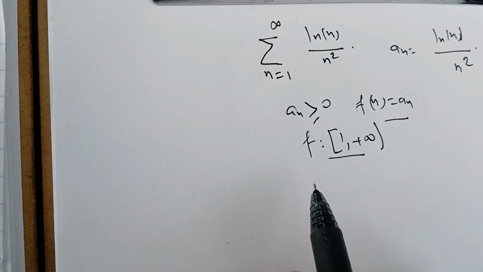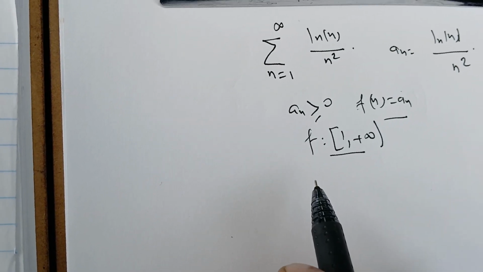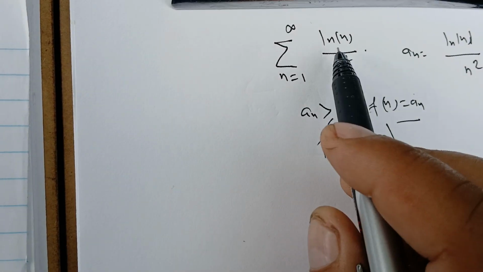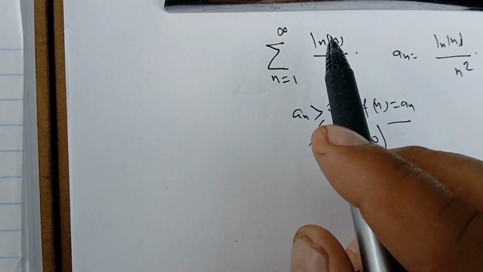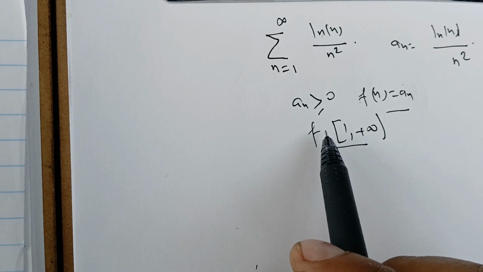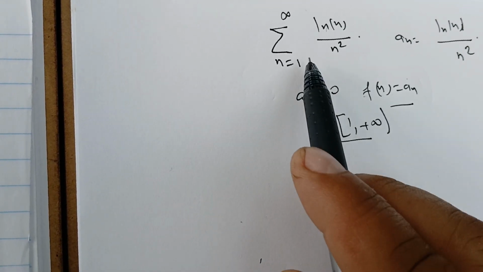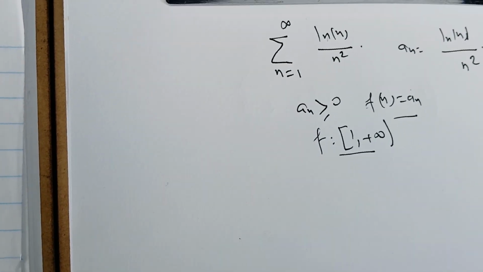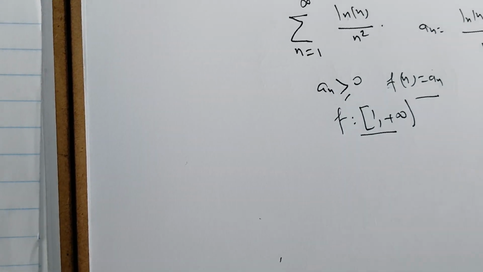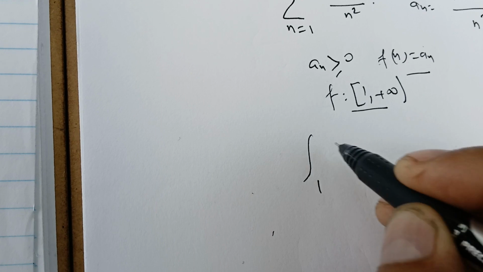Therefore, according to the integral test, the nature of this series is the same as that of the integral of this function between 1 and plus infinity. So that's what we're going to compute.